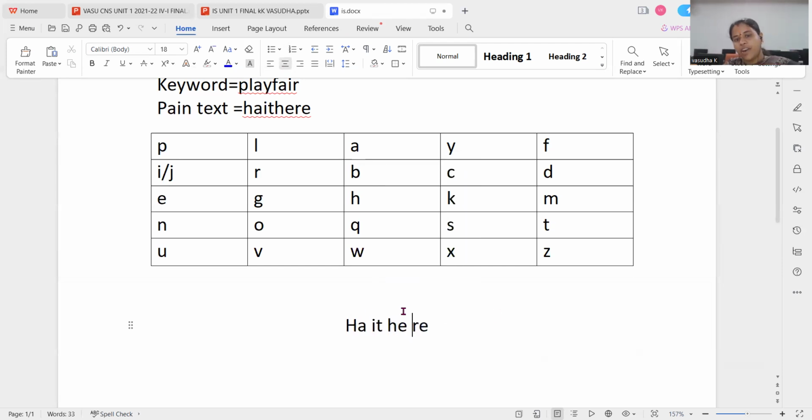So like this, I have divided. This is step 1 of the plain text.